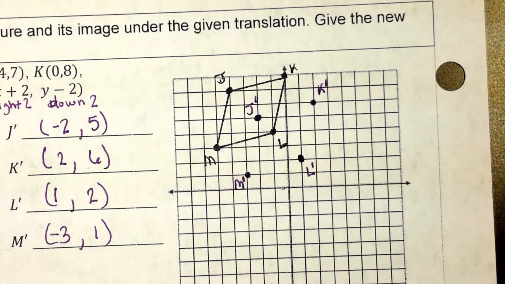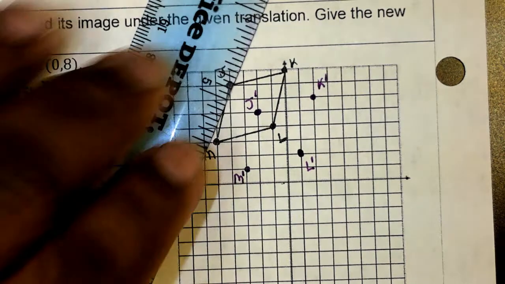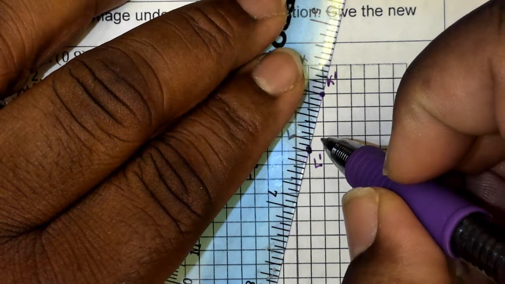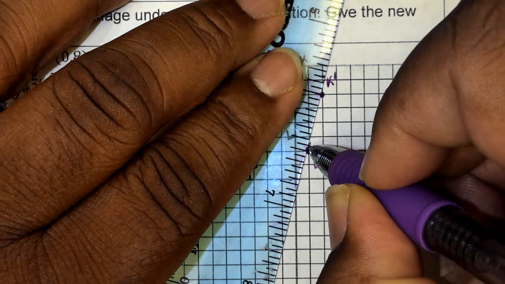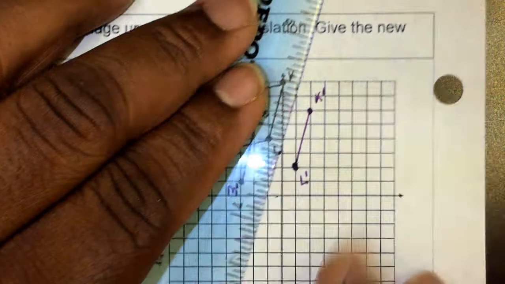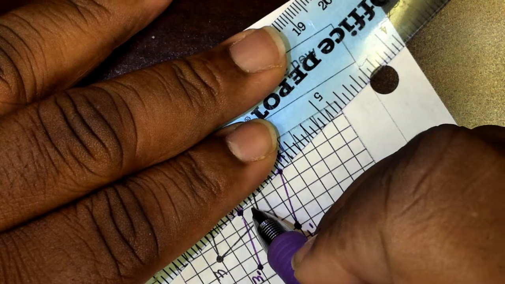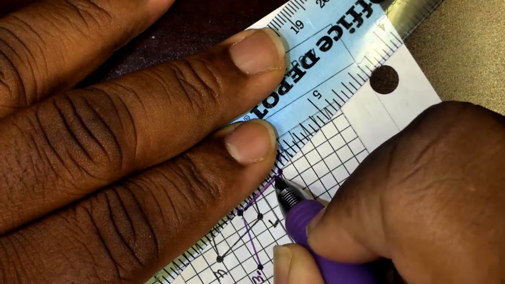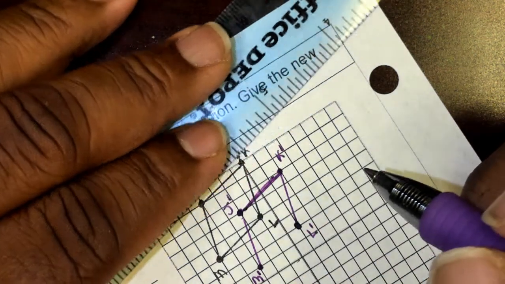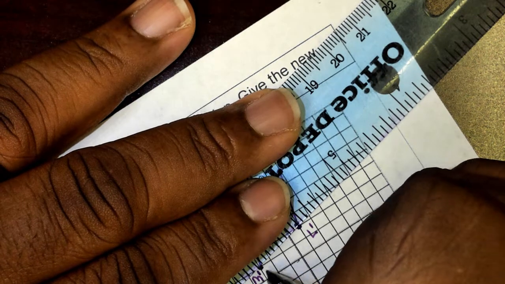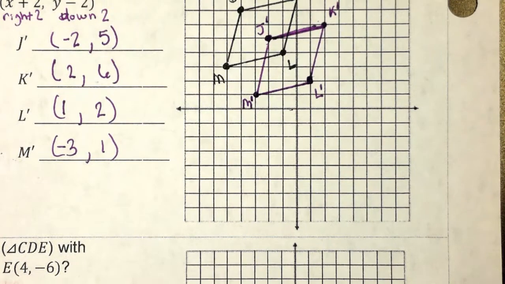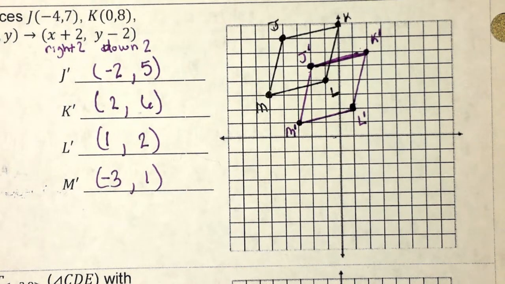And make sure you put your prime notation on your new stuff. That's my image after translation of x plus 2, y minus 2.